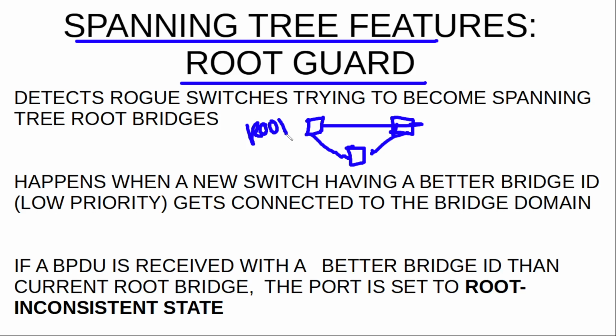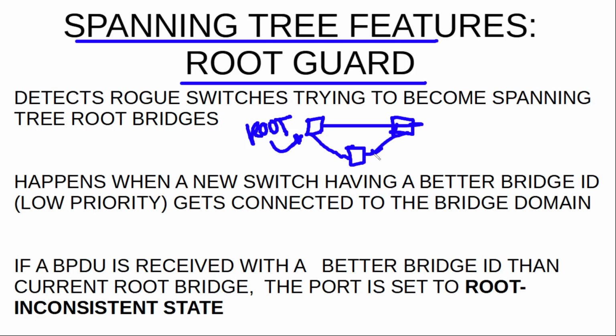Usually you will pick one of your distribution switches as the root because this switch is huge. It has a lot of capability to switch packets, and all the traffic is going to go through this switch, and it is highly capable of moving this traffic.